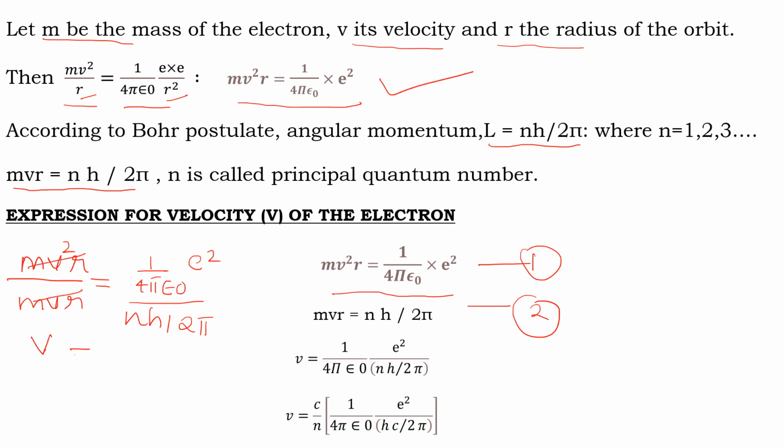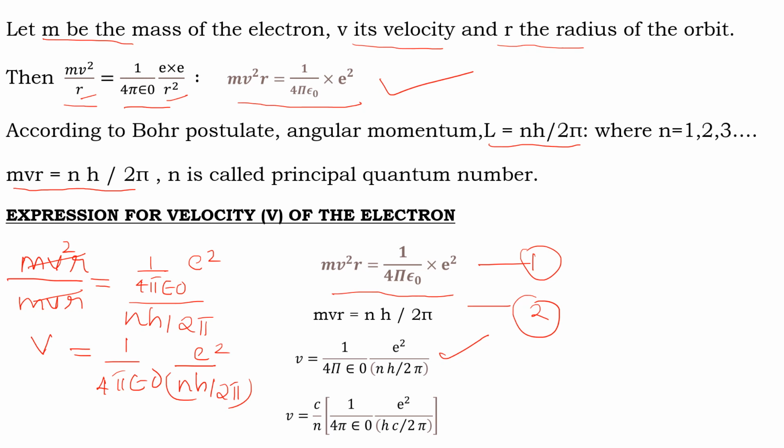Finally, v is equal to 1 by 4 pi epsilon 0 e² divided by nh divided by 2 pi. This is the equation, that is, velocity v is equal to 1 by 4 pi epsilon 0 e² divided by nh divided by 2 pi.